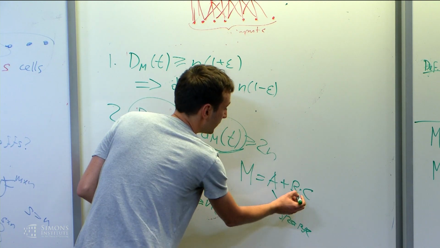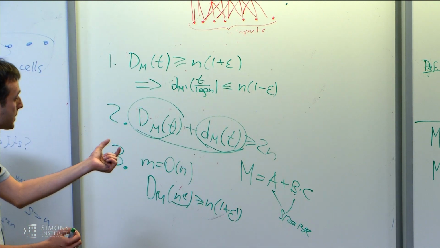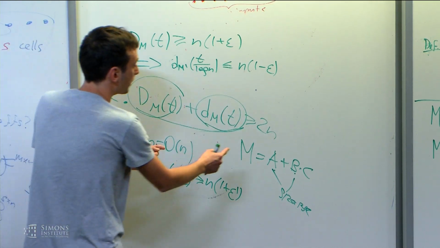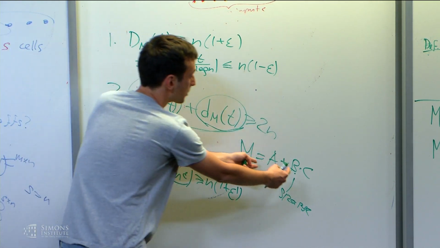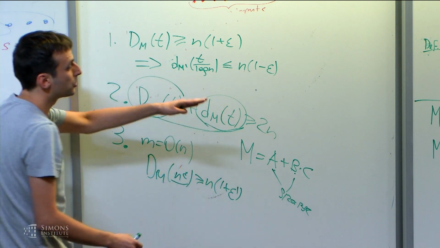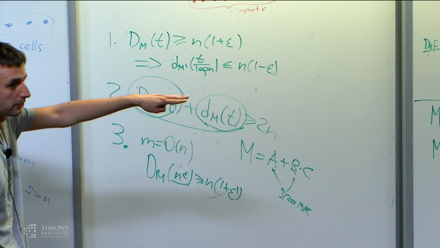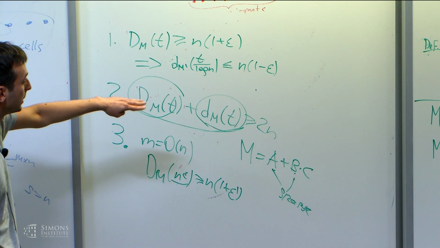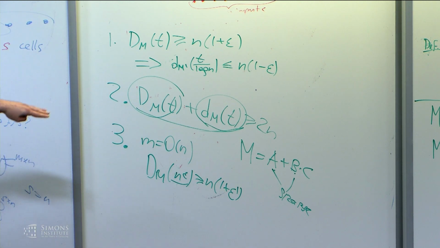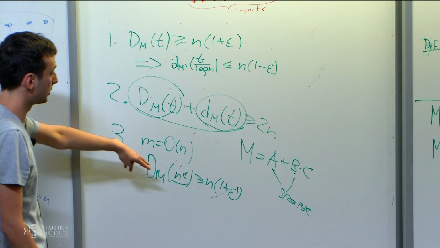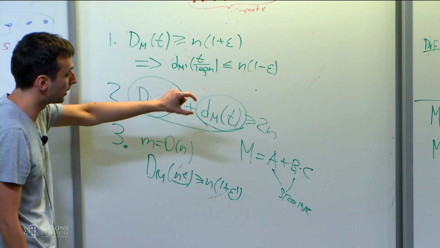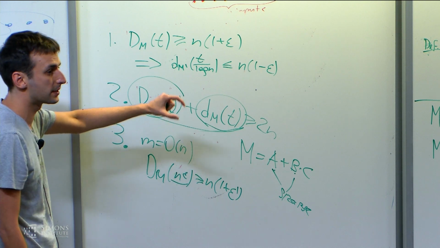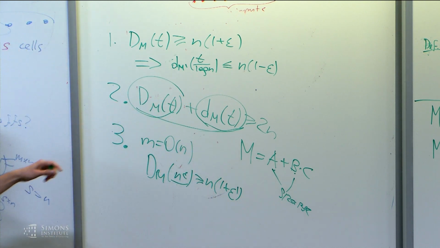And if you keep in mind that both of them are sparse, then you can see that this means that the column space of M is generated by the column spaces of A and B, which exactly matches the definition of outer dimension. This says that every matrix computed by a log-depth circuit has small outer dimension. So if you have a data structure lower bound, this means you have large outer dimension, and this also implies a circuit lower bound. Yeah, that's it.